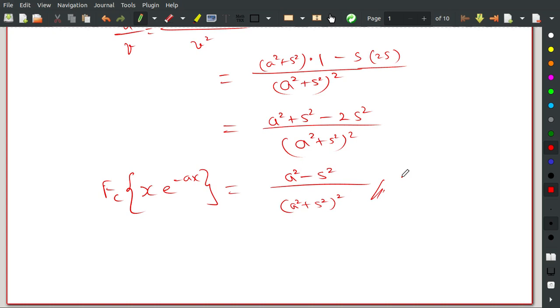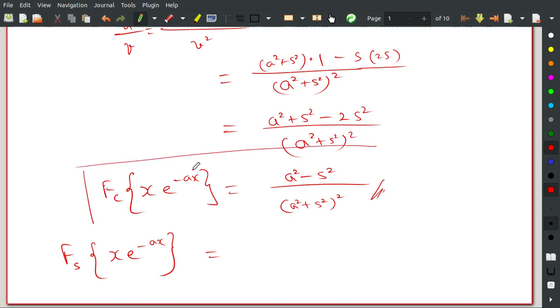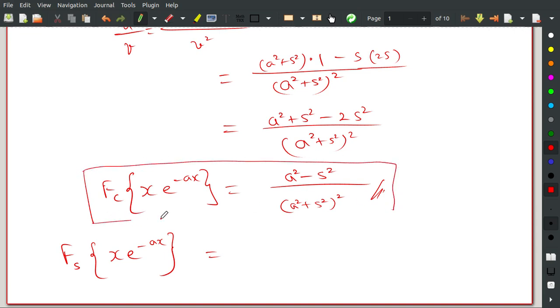Okay, similarly we have to find the Fourier sine transform of x into e power minus ax, and we know that the Fourier sine transform of this is nothing but minus d by ds of the Fourier cosine transform of e power minus ax.